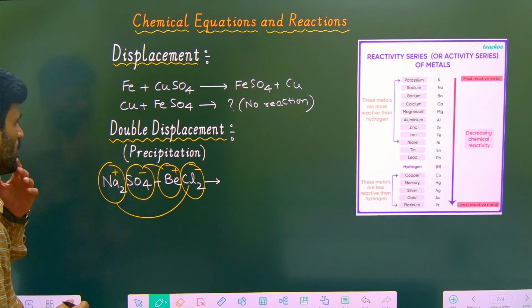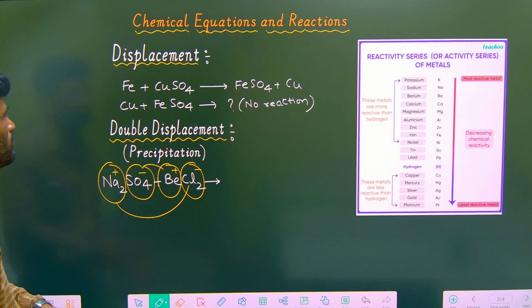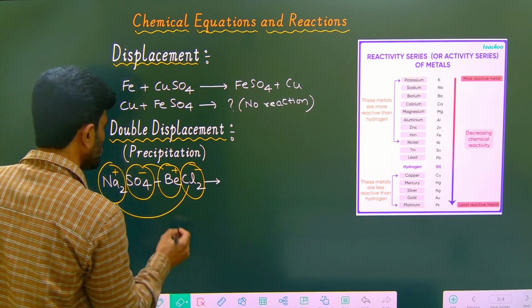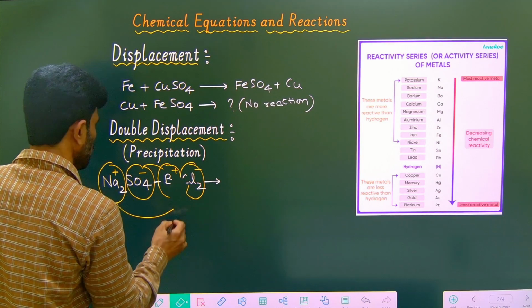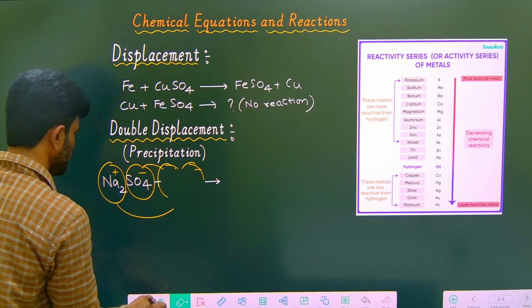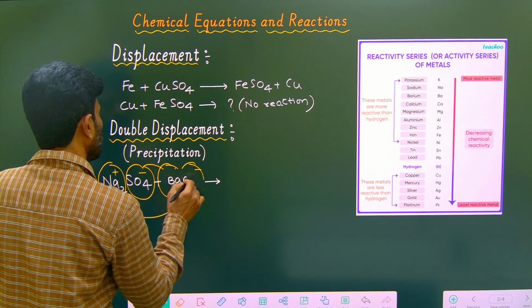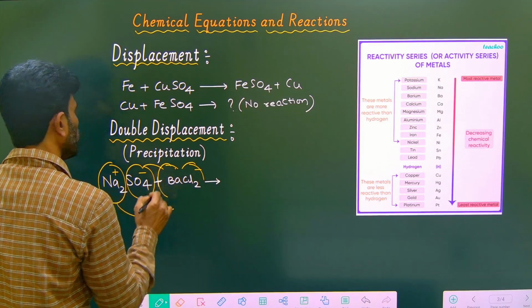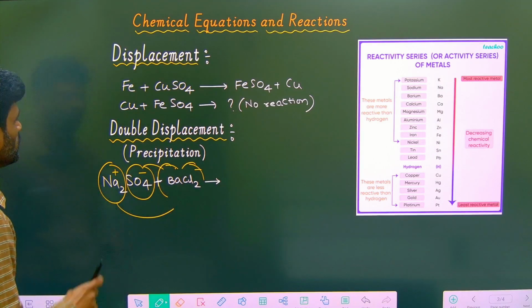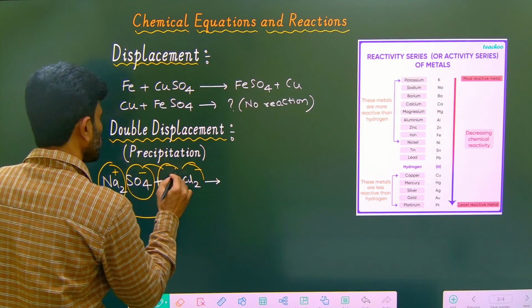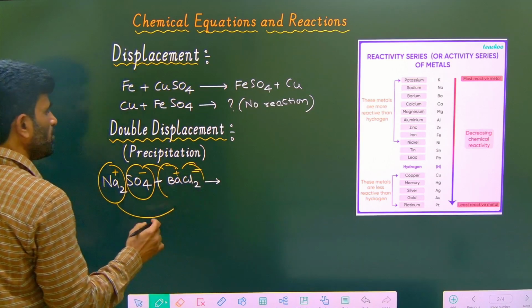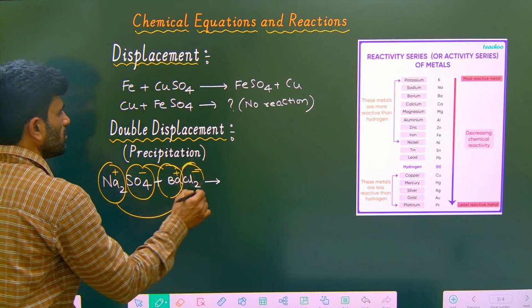Both the ions will be exchanged. I wrote BeCl2, but it is barium chloride, BaCl2. Both the ions will be exchanged.